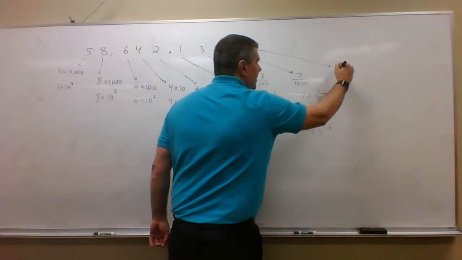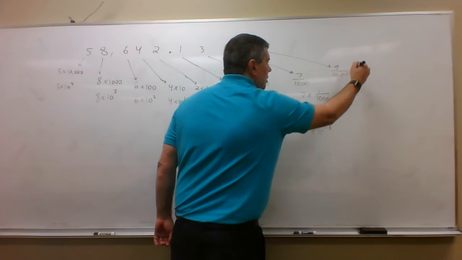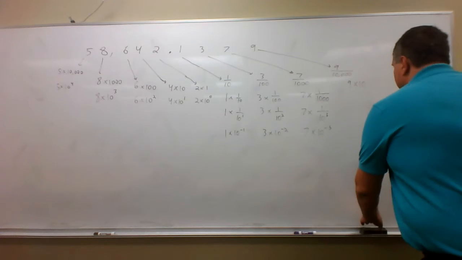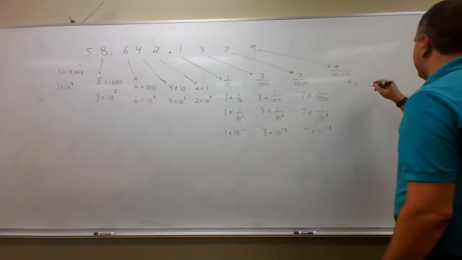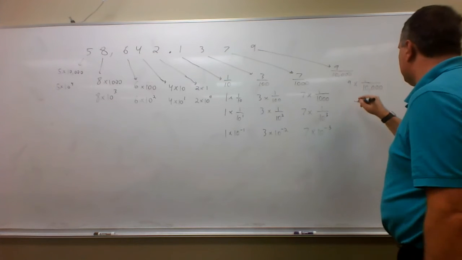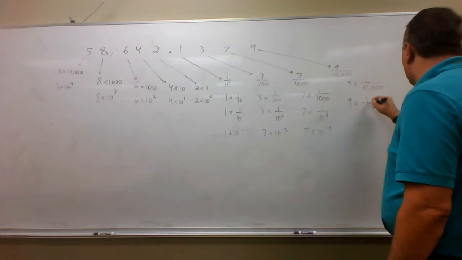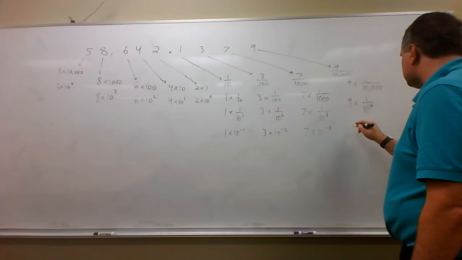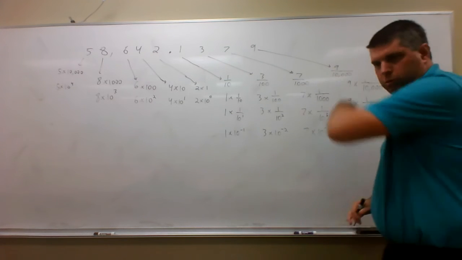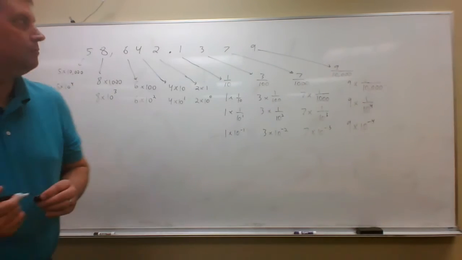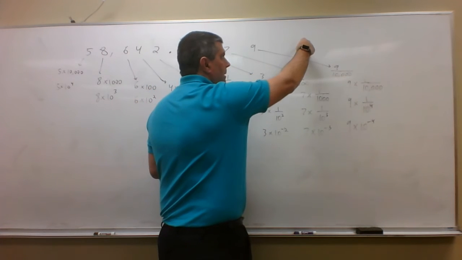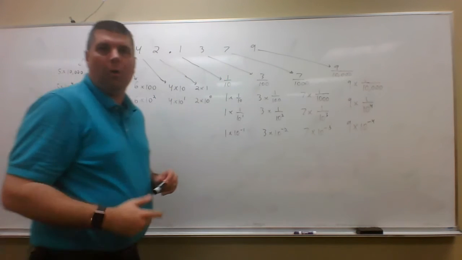That is 9 10,000ths, which equals 9 times 1 10,000th. And 10,000 is 10 to the 4th, so 9 times 1 over 10 to the 4th, which is 9 times 10 to the negative 4th. Hundred thousandths, 10 to the negative 5th, millionths, 10 to the negative 6th, and so on. Okay?